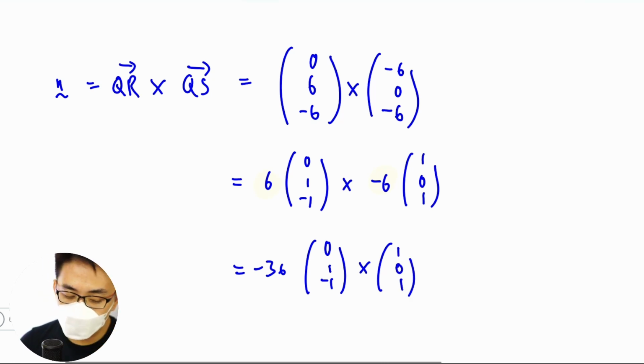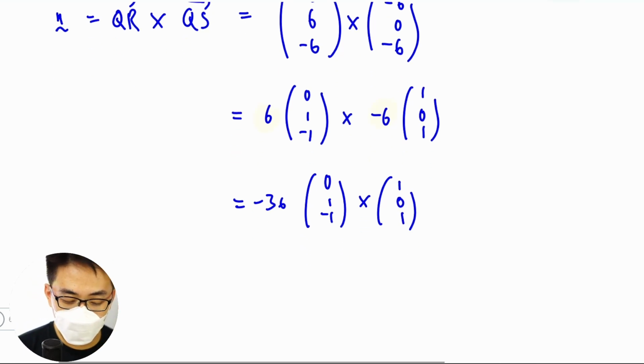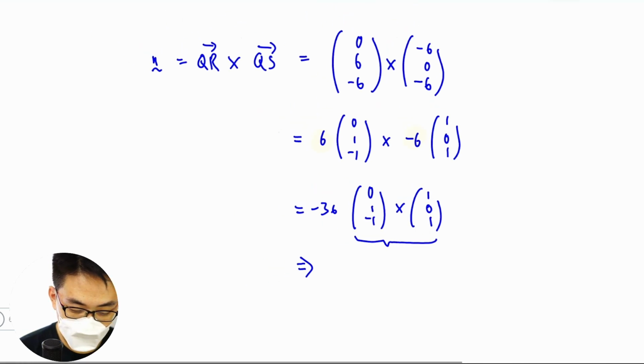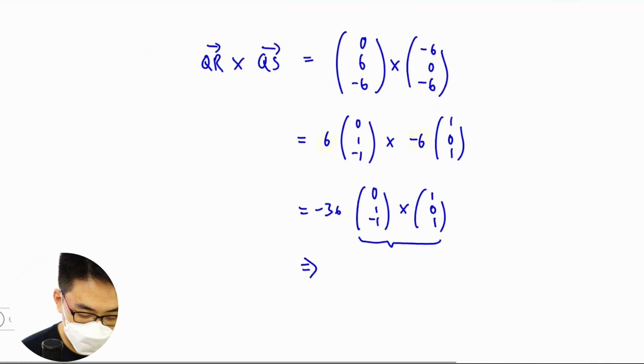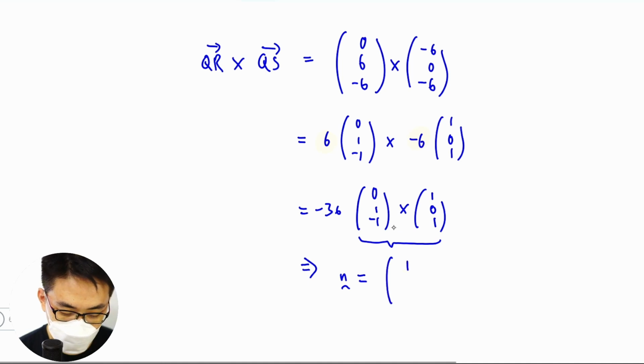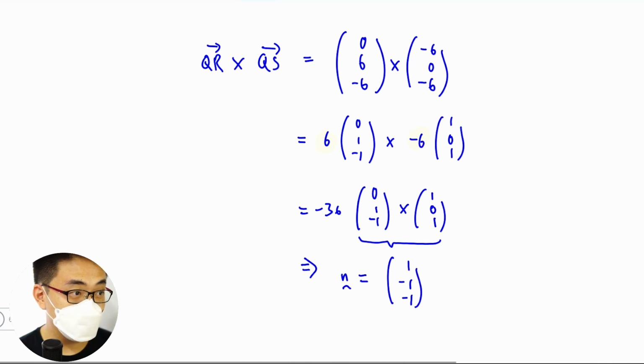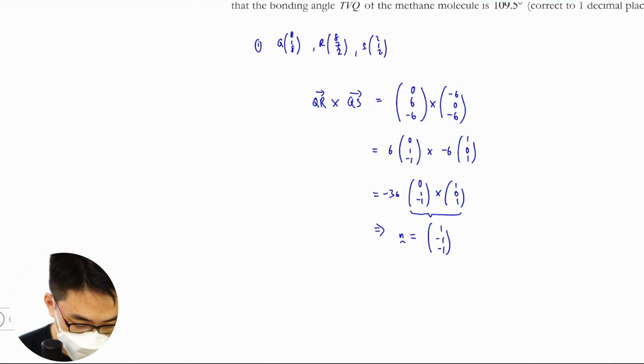But if you include it, also can. The reason why I'm doing this is because I don't have my calculator, or rather I'm lazy to use my calculator. So I'm just going to evaluate this cross product here. Okay, so this is my normal: (1, 0, -1), (1, -1, 0), giving (-1, -1, -1).